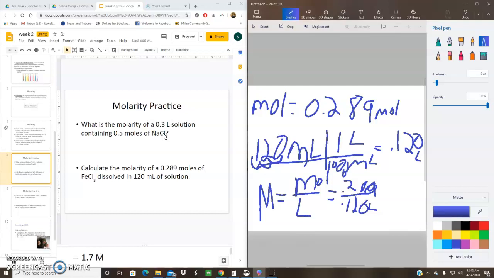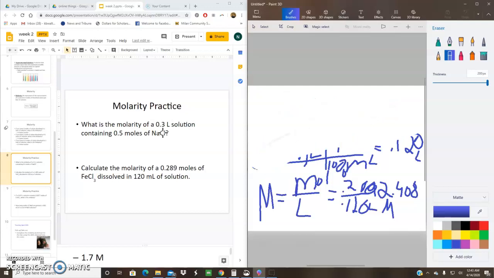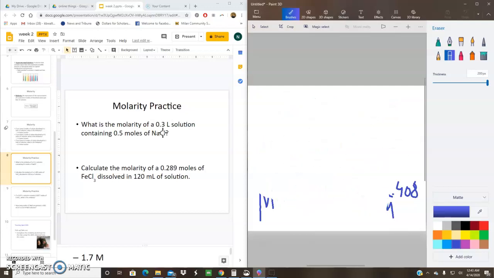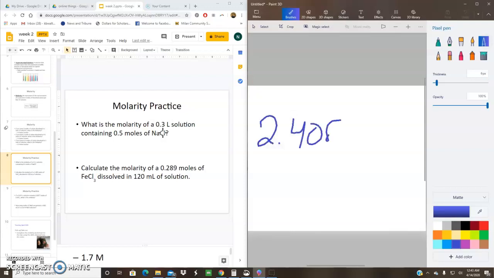And we end up getting 2.408 molar solution. Now, I'm going to go ahead and erase these up here so I can write that out nice and big. 2.408 molar solution of FeCl3.